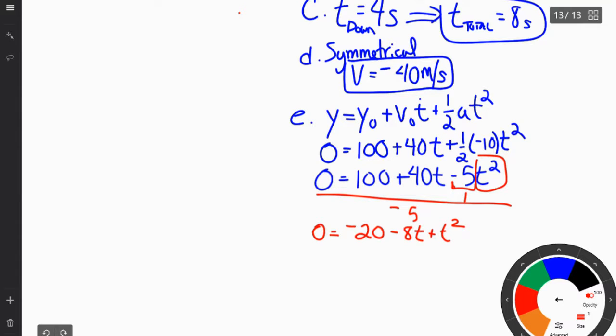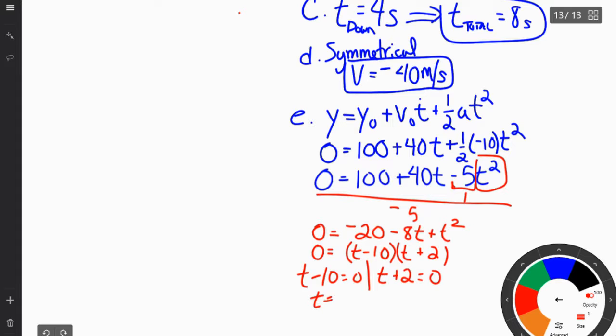All right, and so this one actually does factor nicely. So what two numbers, when multiplied, give me -20, but add to -8? Well, it's going to be -10 and 2. And so this tells me that the two factors are t minus 10 equals 0 and t plus 2 equals 0.